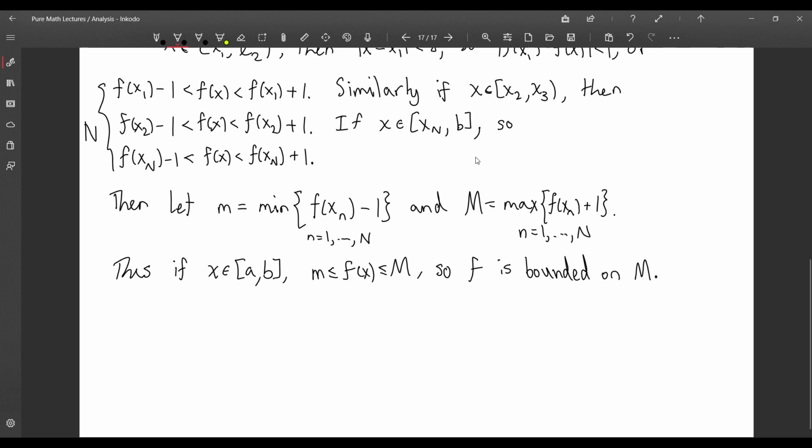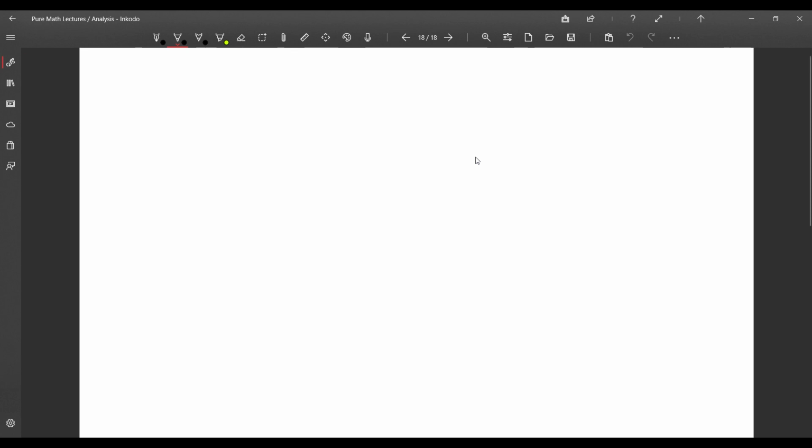I'm not sure if I'm running out of time, but I have just one more thing on continuity, so I'm going to just go ahead and cover this. And this is going to be the extreme value theorem. So we have a theorem.